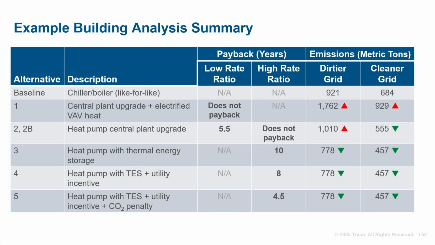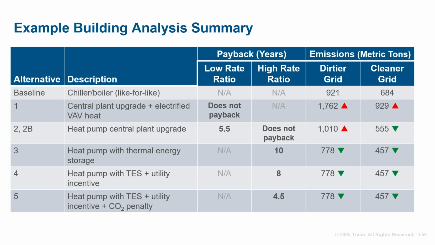And the emissions analysis looked at two grids, one which is dirtier with more fossil fuel generation, and another with cleaner electricity sources. First, we established a baseline with like-for-like equipment for comparison. The first alternative, with electrified VAV boxes and a low rate ratio, did not pay off. It also resulted in higher emissions on both the dirty and clean grid.